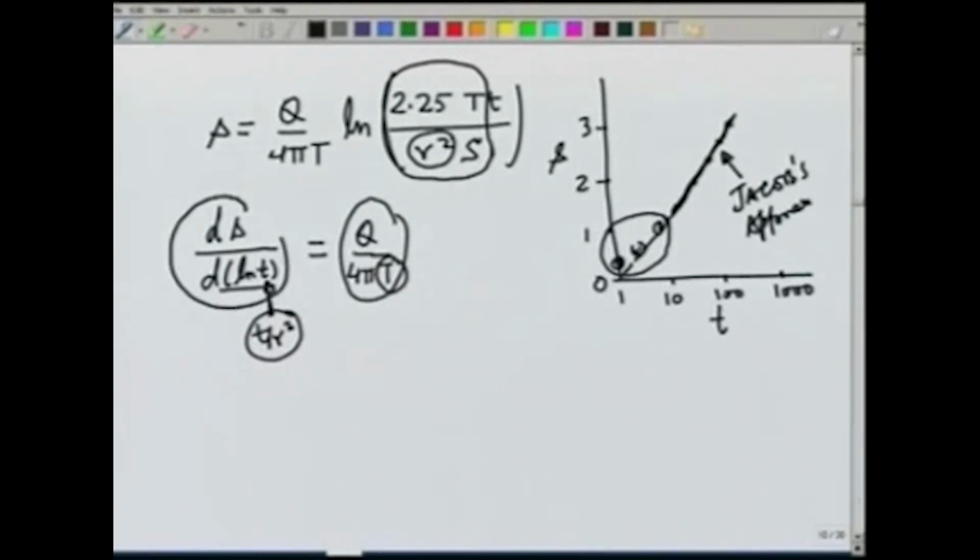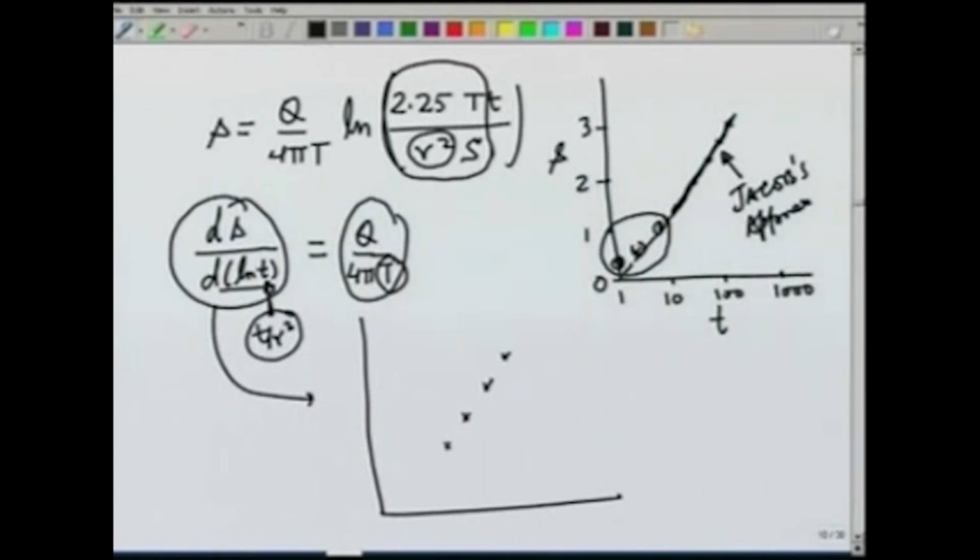The slope ds by d ln t can be easily obtained from this plot. So, let me draw the plot here a little more detailed.